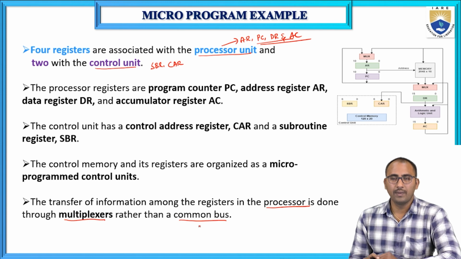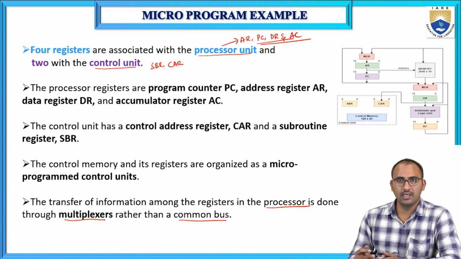Here the connections between the registers can be done in 2 ways. One is using the conventional common bus system, and the second is using multiplexers. Here we are transferring the data from one register to another register through the multiplexer.